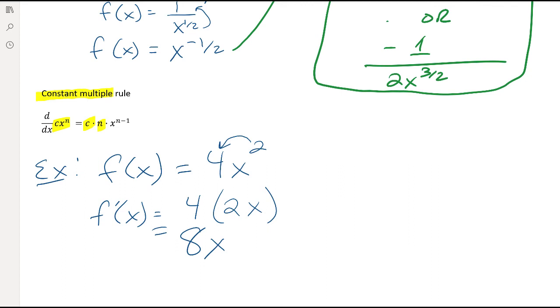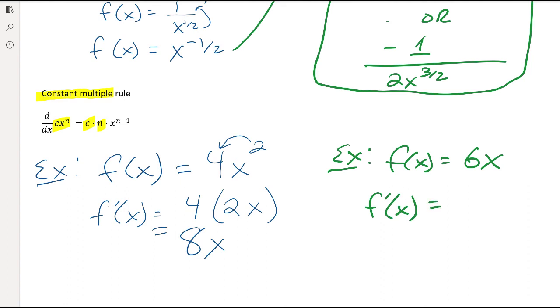Okay? Ooh, how about this one? What if we have f of x is equal to 6x? Okay? Let's do the constant multiple rule. What happens? So what's the understood power on the x? The understood power is a 1. So 1 comes out front and multiplies 6. So let's see, 6 times 1. And now x should be raised to the 0 power, right?